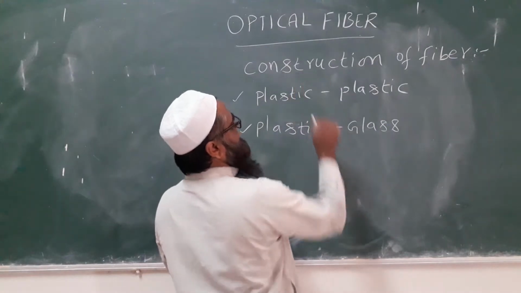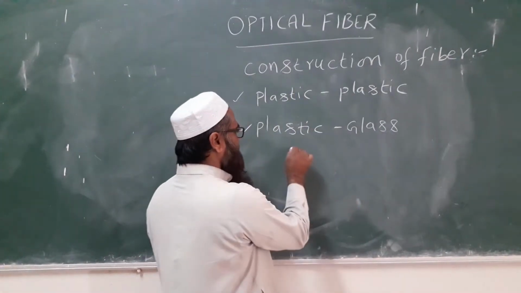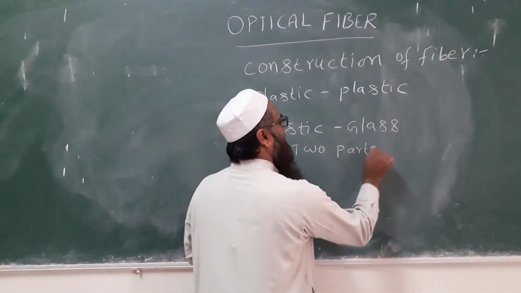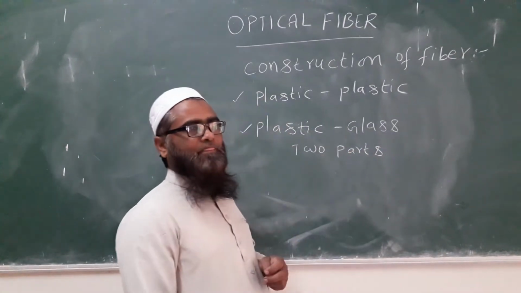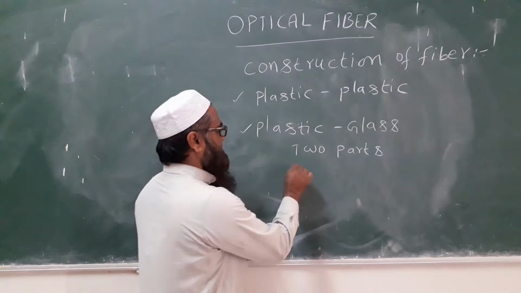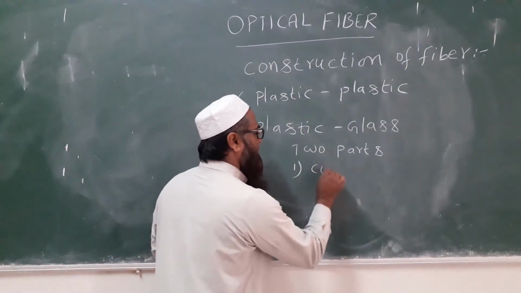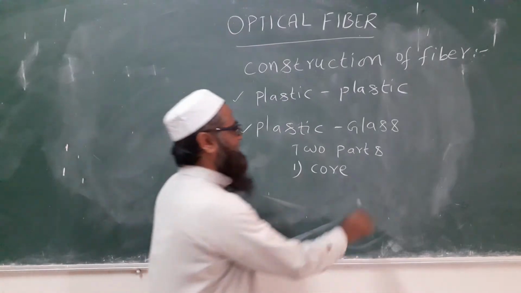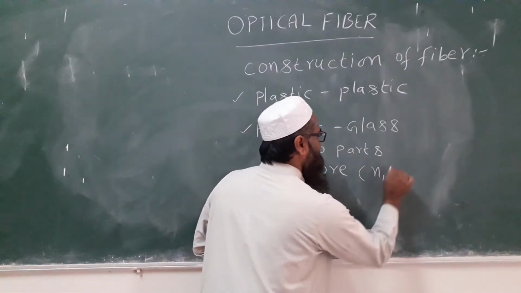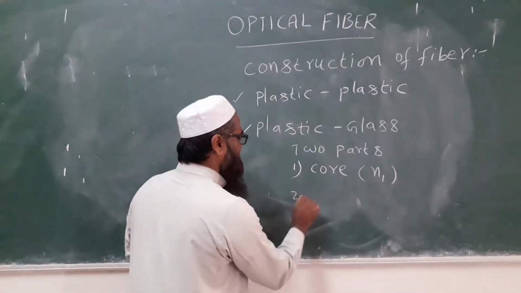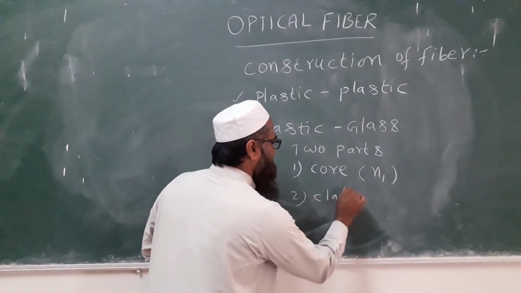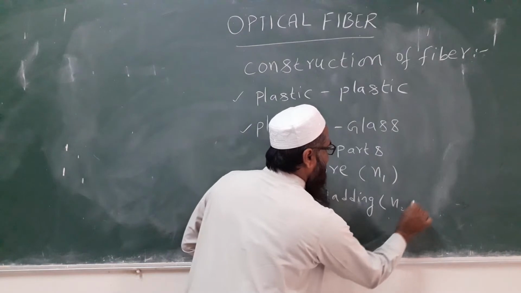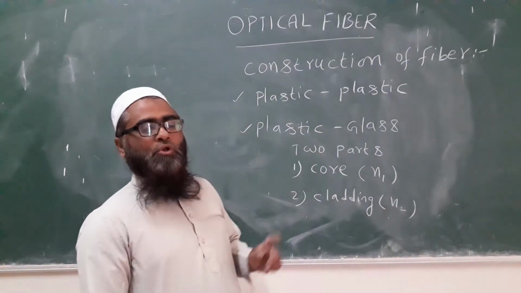An optical fiber has two parts. One is the core, having refractive index n1. Another one is the cladding, having refractive index n2.